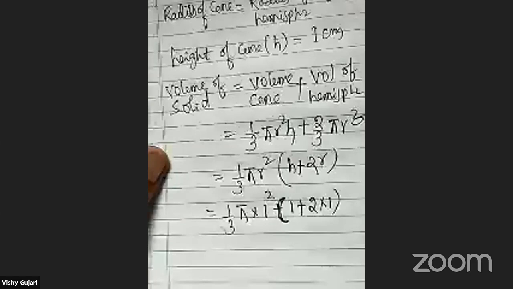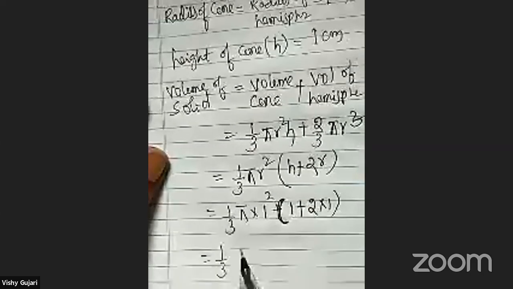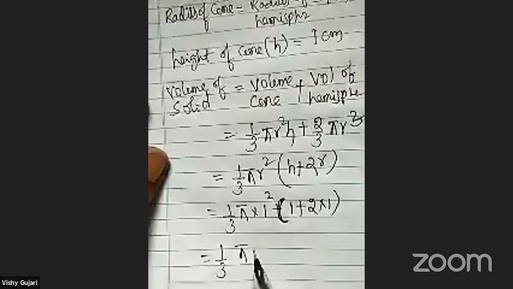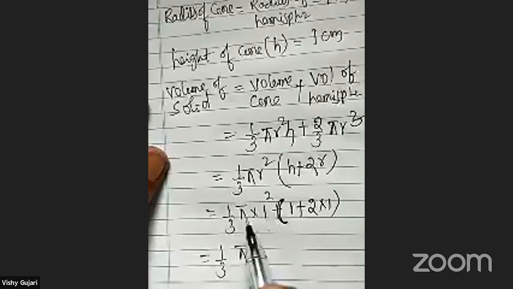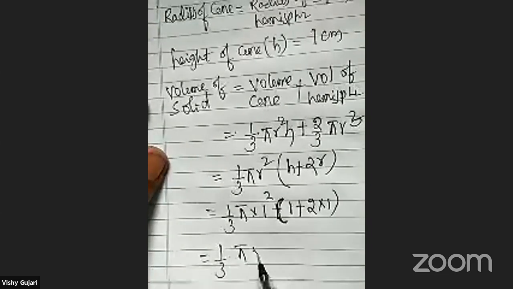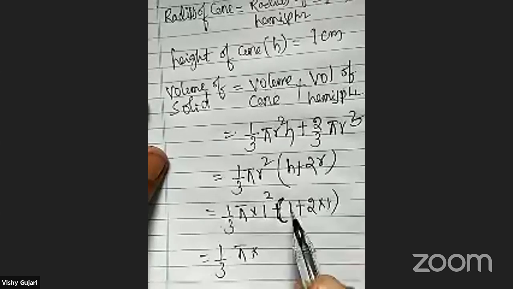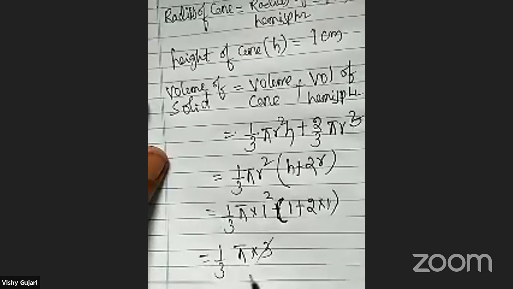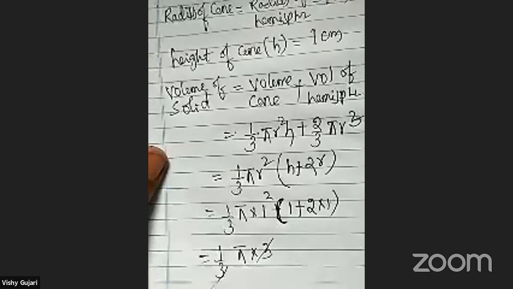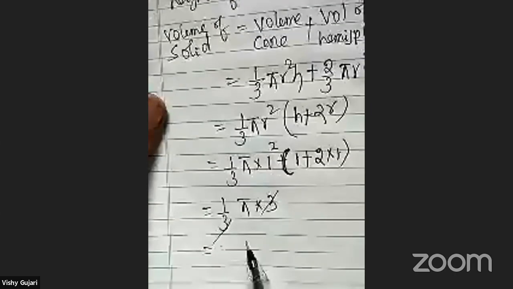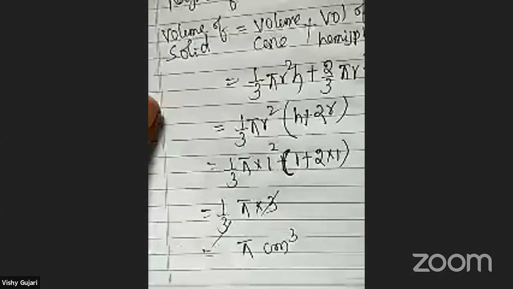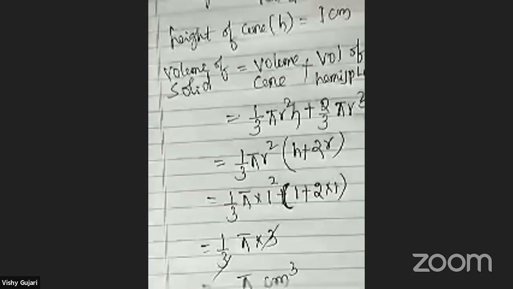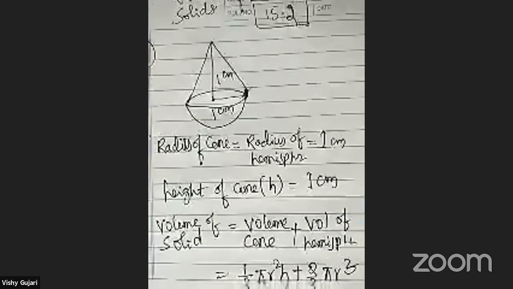Then 1 by 3 pi into 1 square is 1, and into 2 ones are 2 plus 1, 3. The 3s get cancelled. That is equal to pi centimeter cube. You have to write centimeter cube. Okay, write down.